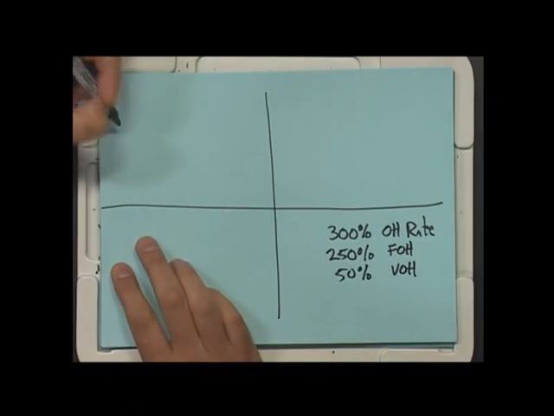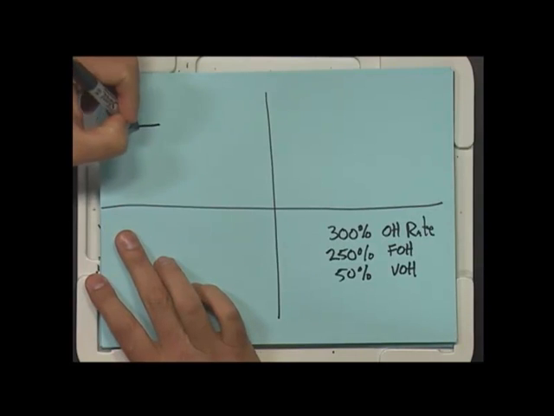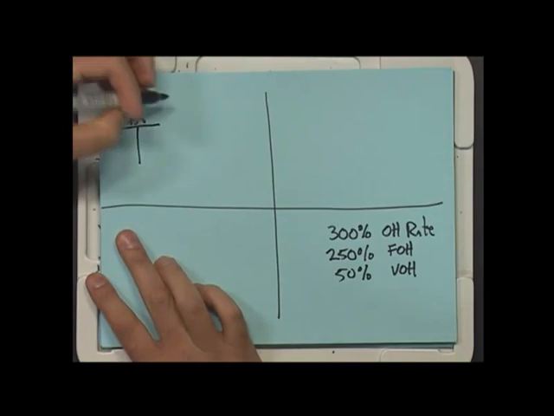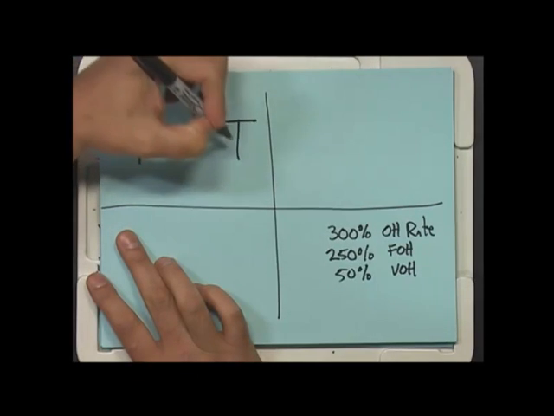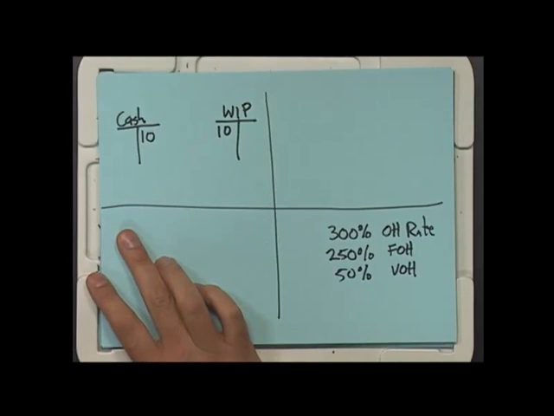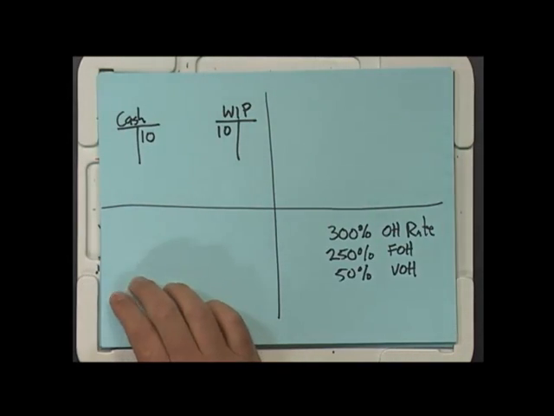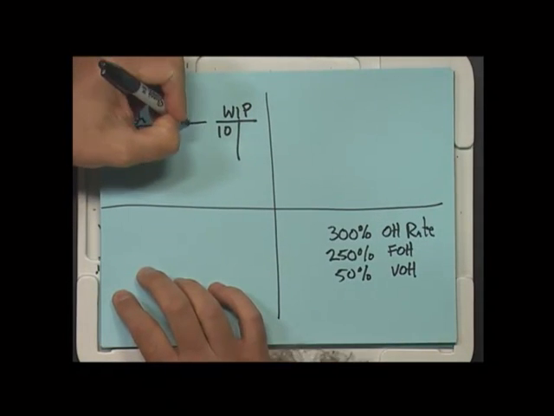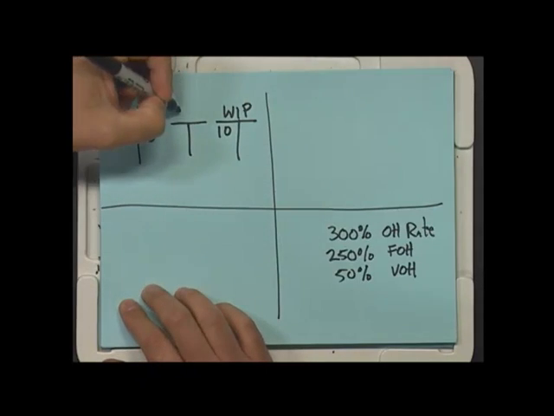Let's first account for the direct labor. We're assuming this is a cash business. We've got 10,000 in direct labor, and we're going to put that directly into work in process. Now we are going to apply costs as well.